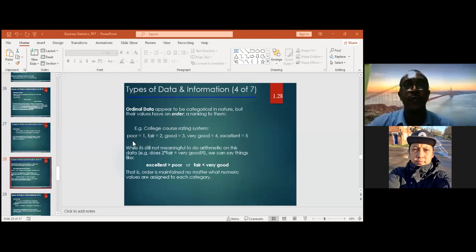We know that fair is better, poor is the lowest. So we can say that excellent is better than very good. Very good is better than good. Good is better than fair. Fair is better than poor. But we cannot say 1 times 2 equals very good. So it cannot be done.